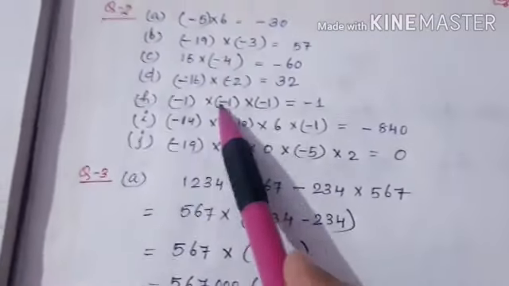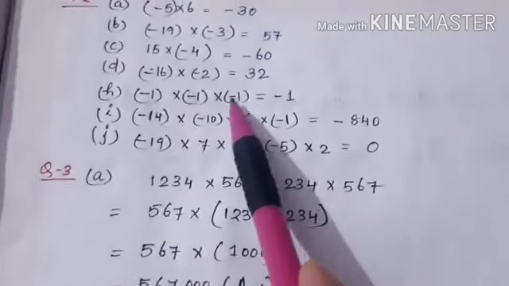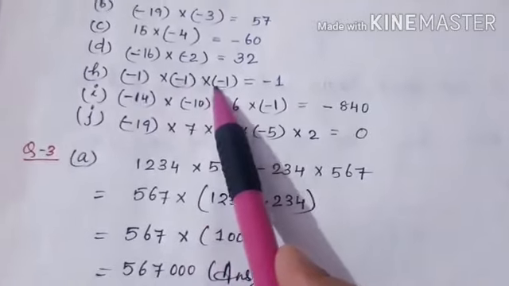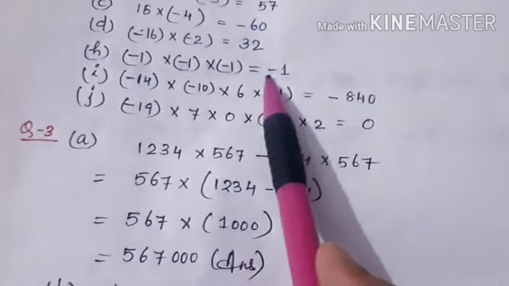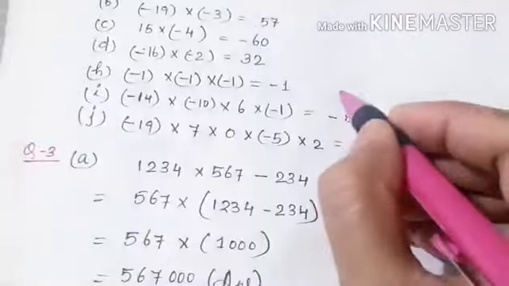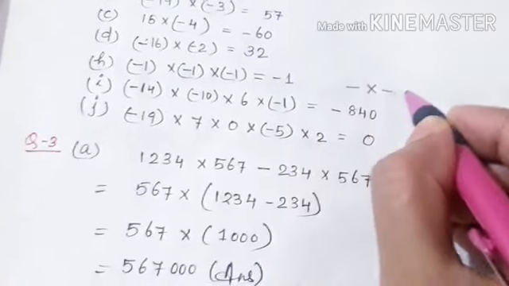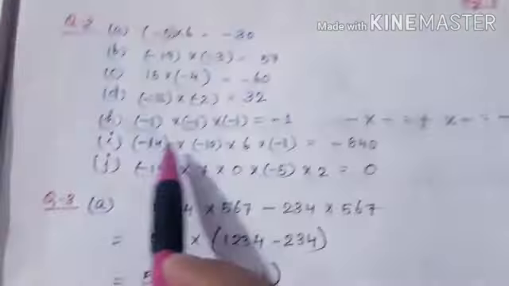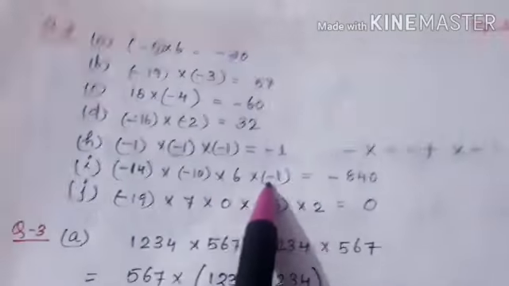Then minus 1 into minus 1 into minus 1. In this case, minus into minus, plus. Then plus into minus, you will get minus. Already you know minus into minus is plus, then plus into minus is equal to minus, that is minus 1. Then minus 14 into minus 10 into plus 6 into minus 1.